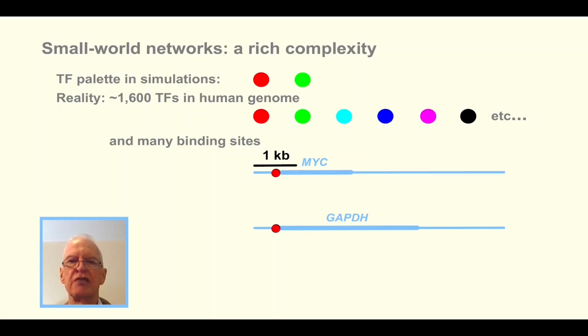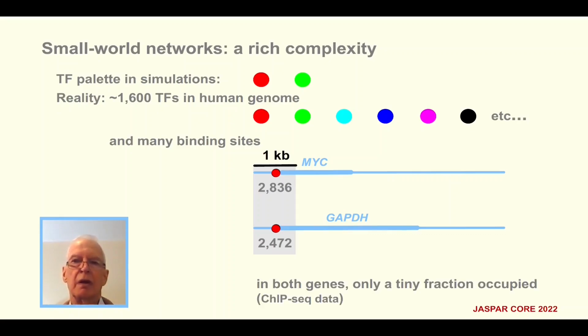And I'll illustrate this by reference to 2 widely known genes. I just went to 1 kb around the promoter and asked how many different transcription factor binding sites were present. In both genes, only a tiny fraction are occupied at any one time.